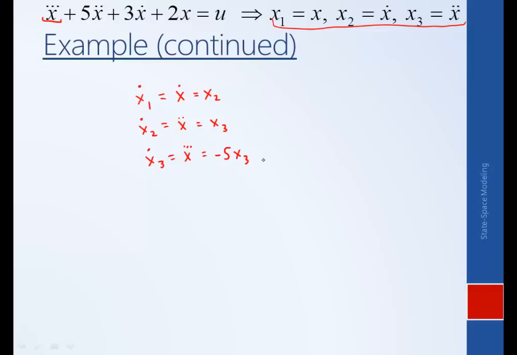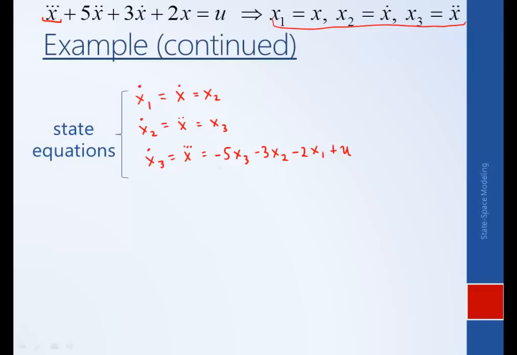I have negative 3x dot, where x dot is x2. And I have negative 2x, where x is x1. And then I already had a u on the other side. And so what we've done is we've taken our original third-order differential equation model and written it as three first-order differential equations. We define these three equations as our state equations.